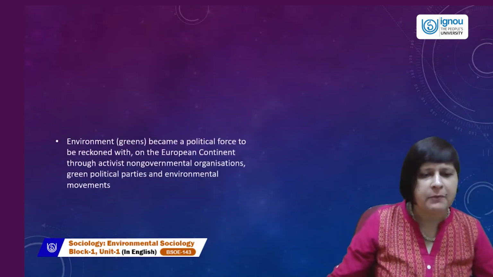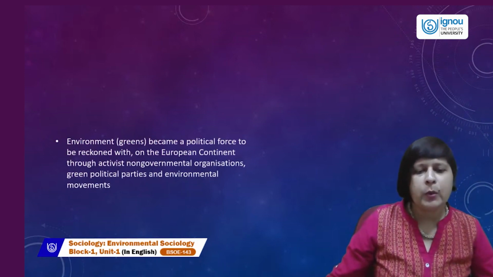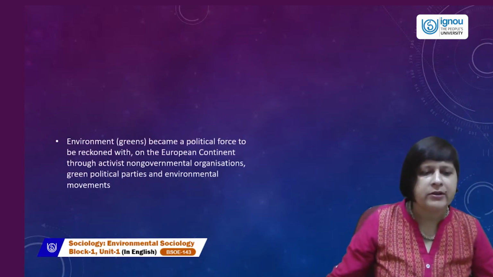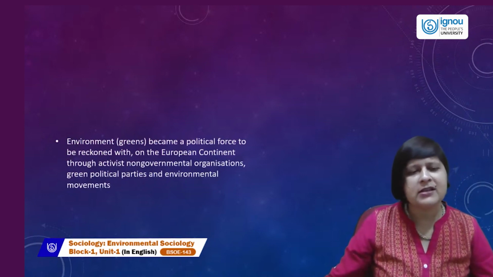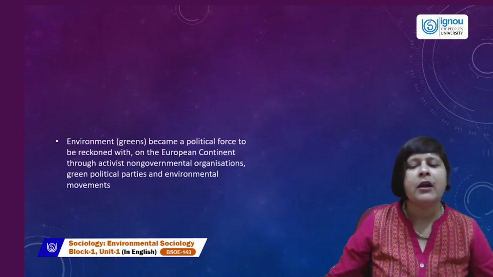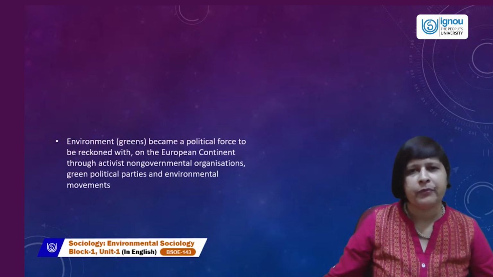The environment became a political force to be reckoned with on the European continent through activist non-government organizations, green political parties, and environmental movements. In the 1970s, the environment became a political force.